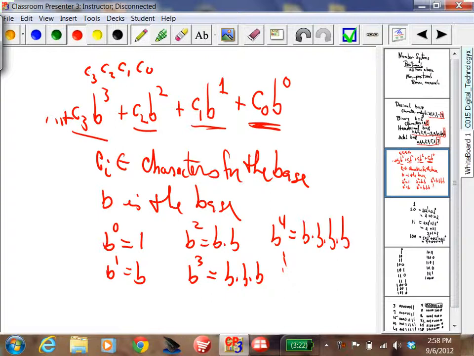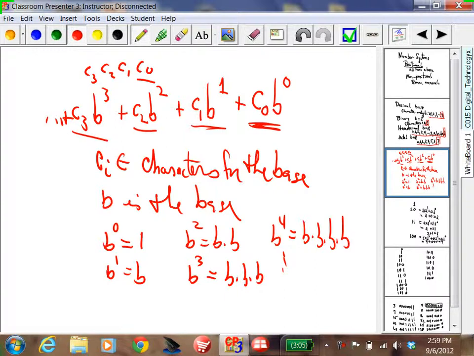In the positional number system, you just write down these characters. You don't actually write down the powers of the base. So this rightmost character is multiplied by the base to the 0 power, which is 1.